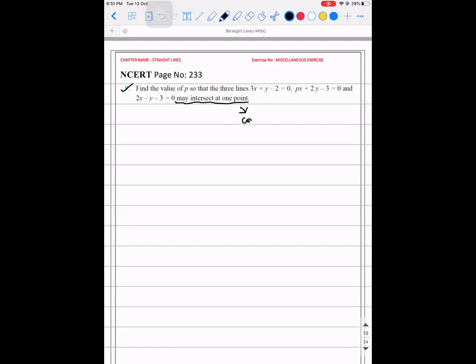It is concurrent. So all the three lines are supposed to be concurrent. So if they have to be concurrent, they're asking what is the value of P. I'll give you 3 minutes time, solve this and tell me what are we supposed to do. Idea.